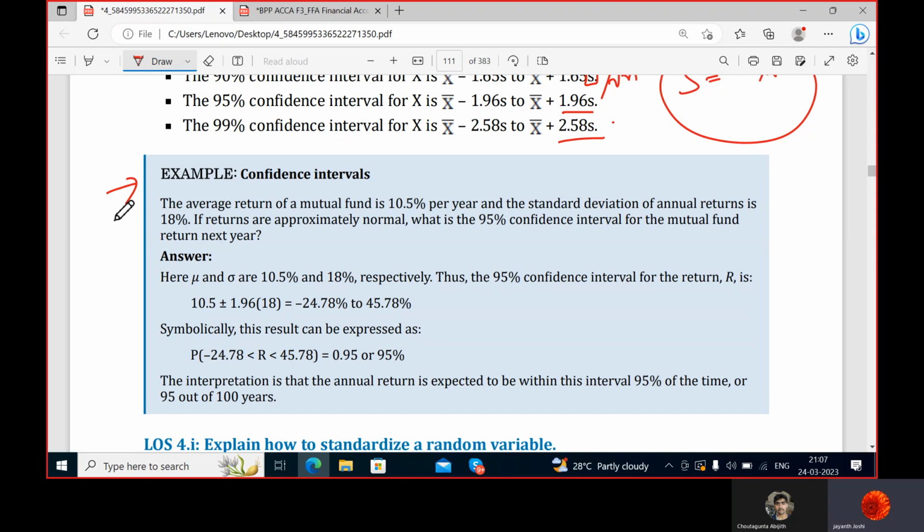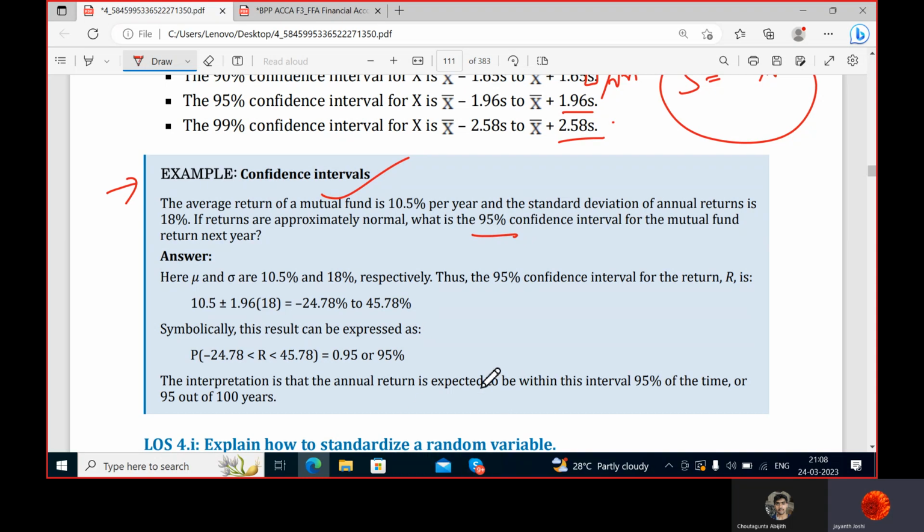They have not given the number of observations. The average return of mutual fund here is just one fund, so root n doesn't make sense for us, correct? If they give you numbers, then you have to take root n as well. Just wait, sir, I'll finish it. So for 95% confidence interval they already gave you the values.